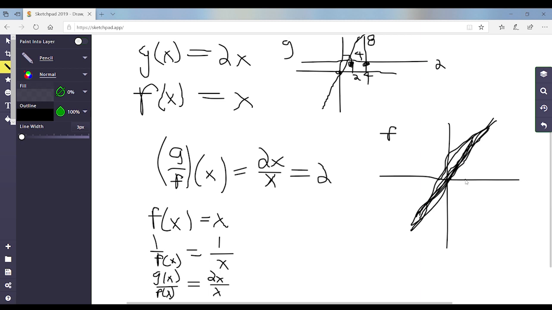So this was 2, and now what would y be? Normally it would be 2, but now that it's the reciprocal, it's going to be 1/2. And what will 4 be? At point 4, we have to do 1 divided by x. And what's 1 divided by 4? 1/4.